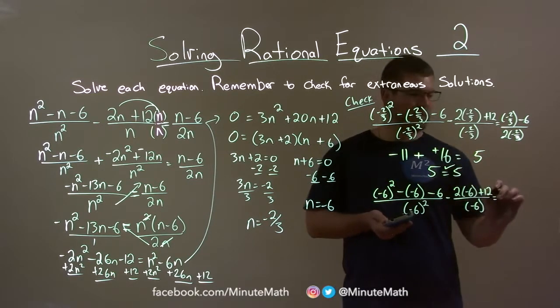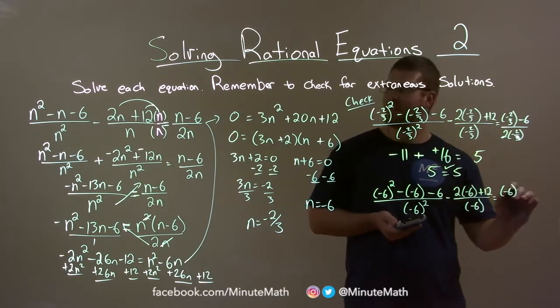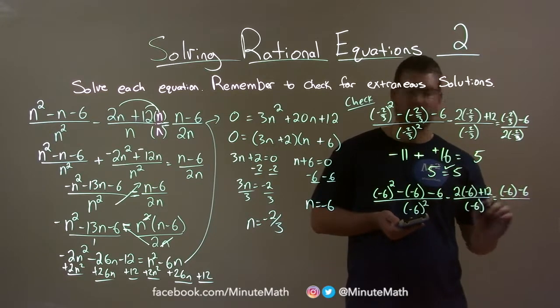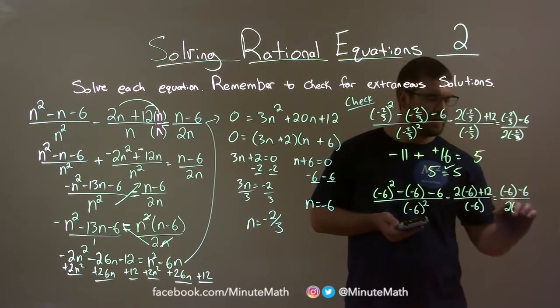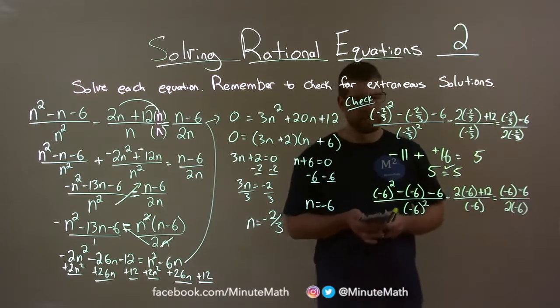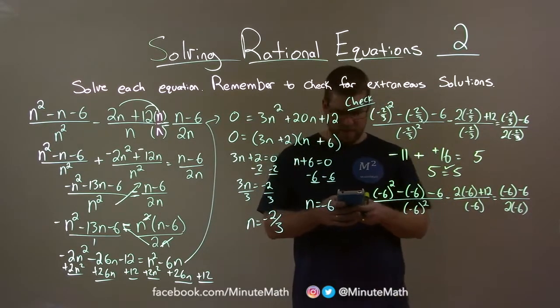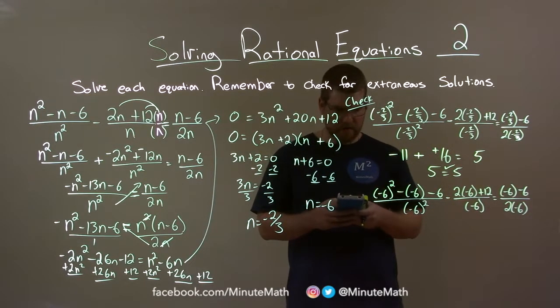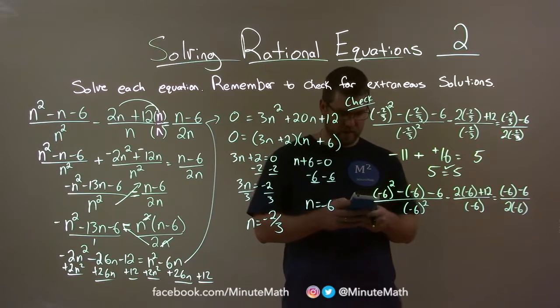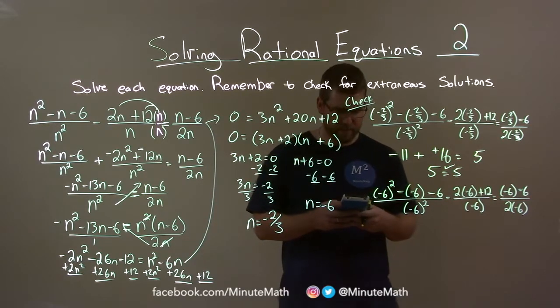Is that equal to negative 6 minus 6 over 2 times a negative 6? All right, let's get this one first. Negative 6 squared minus a negative 6 minus 6 divided by a negative 6 squared.